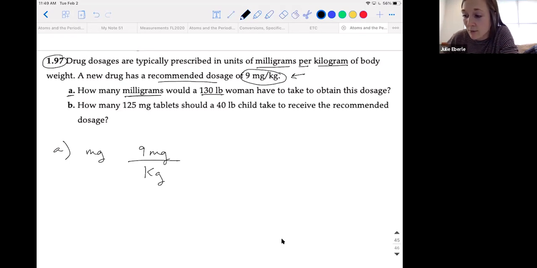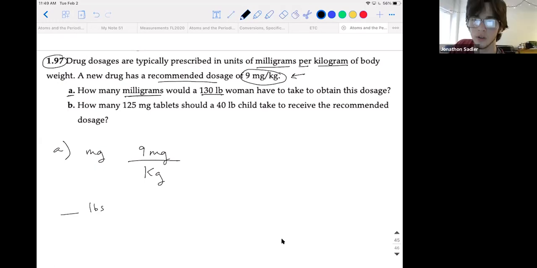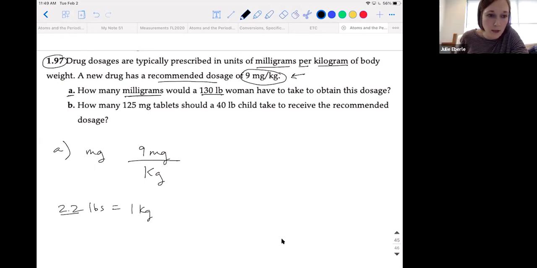So you have a 130-pound woman. We need to convert pounds to kilograms. Anybody have a relationship for pounds and kilograms? Isn't 1 kilogram equal to 2.2 pounds? Yes, it is. Thank you, guys. So there's the relationship. So you can do this a couple different ways.